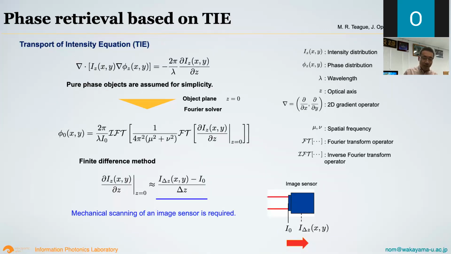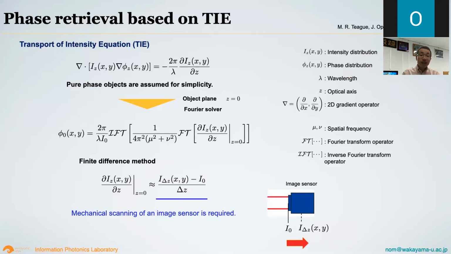This is the transport of intensity equation. The TIE derives from the paraxial Helmholtz equation and is described by this form. Here, Iz is intensity in plane z.